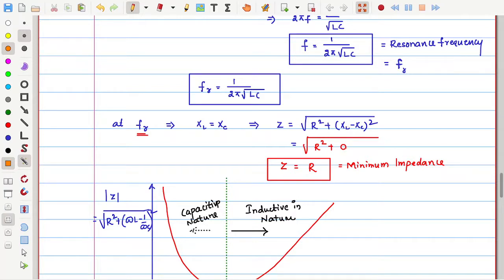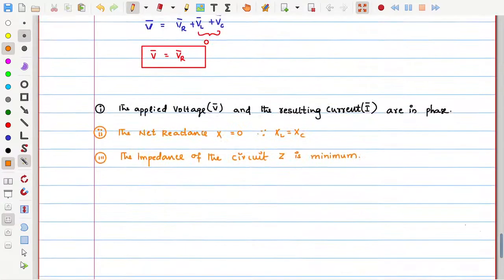Addition of any small value to this R will be higher than R. That means at resonance condition, this is the minimum impedance of the circuit. So under resonance condition, the impedance of the circuit is minimum, which I write as Z is equal to R. Okay.